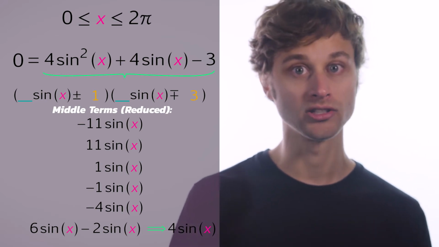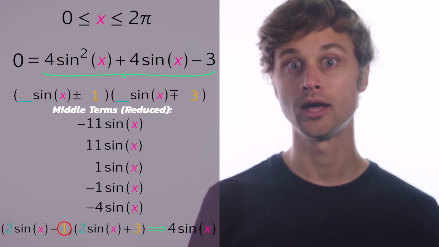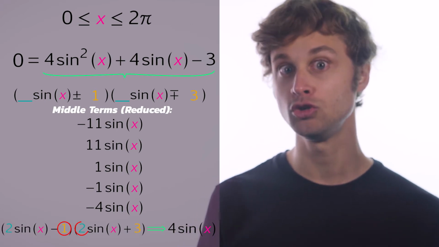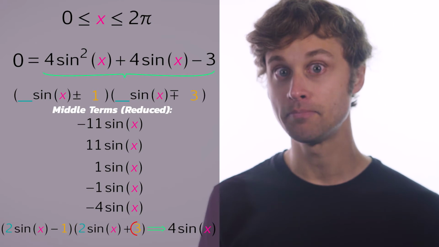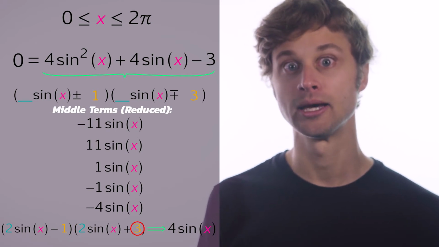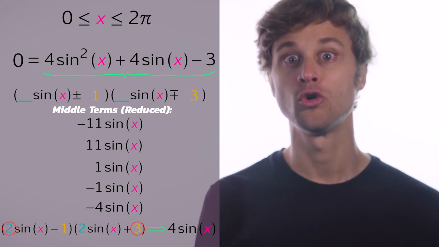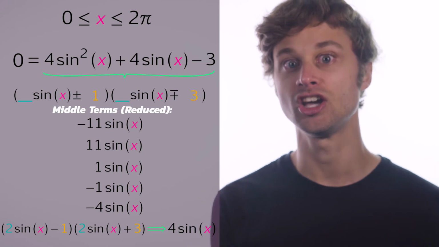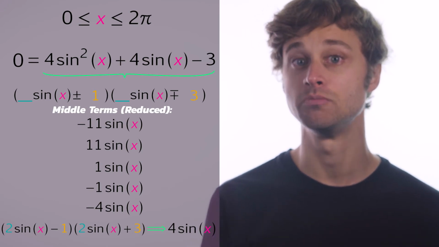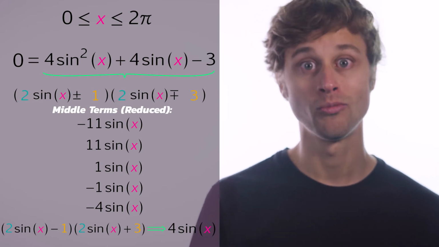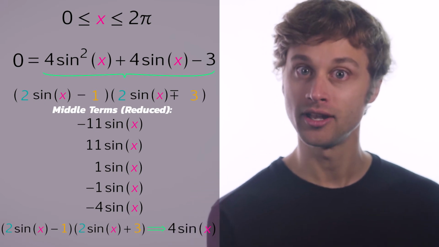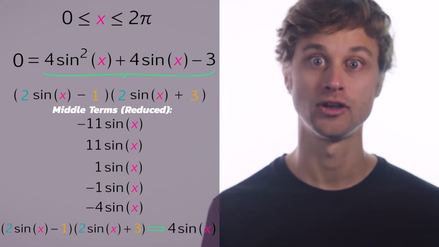That corresponds to -1 being multiplied by 2 and 3 positive being multiplied by 2 as well. So the leading coefficient in each of these factors must be 2. Furthermore, we'd want a -1 and we want a +3.